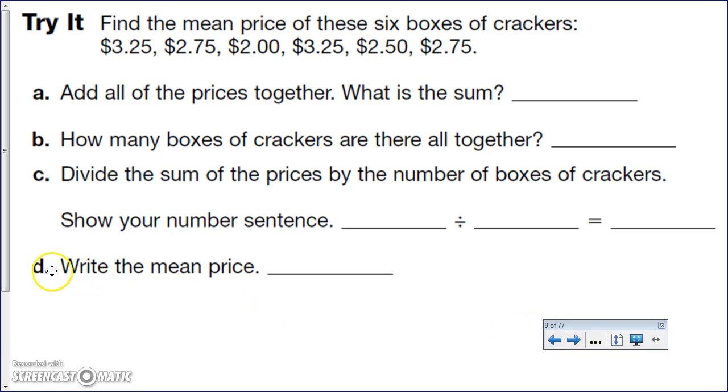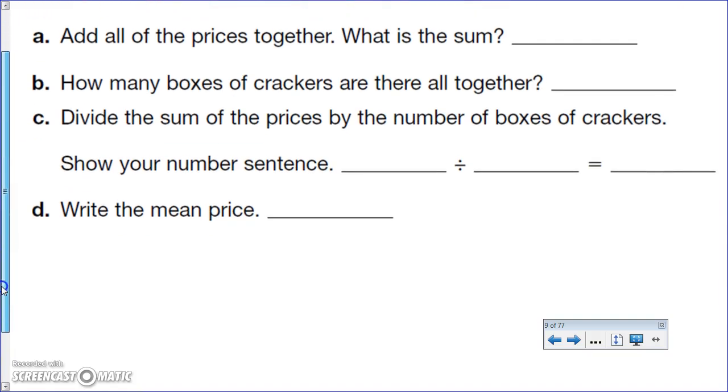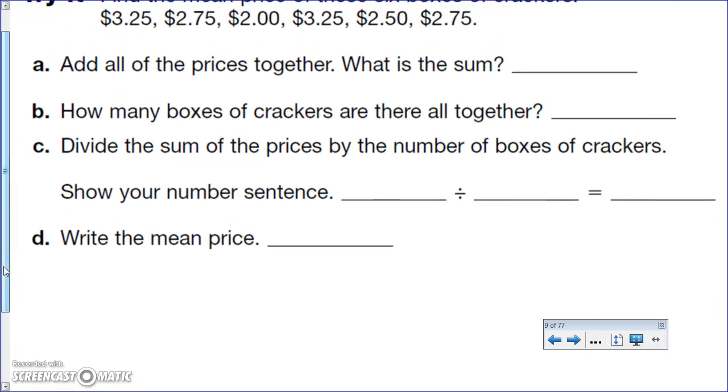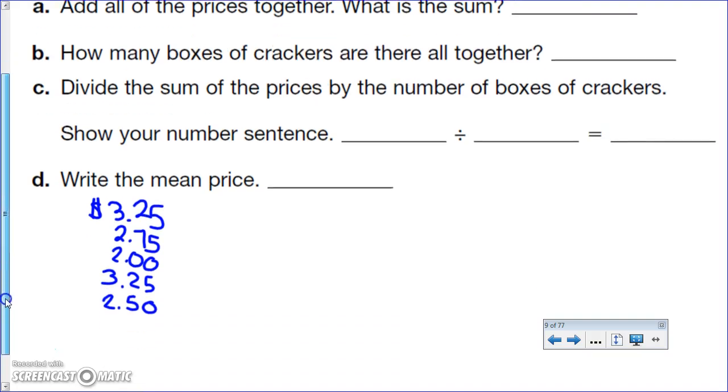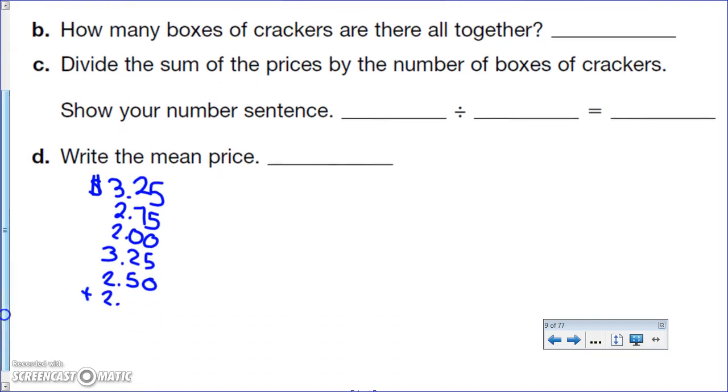So the first thing we're going to do is add all of the prices together. So once we have all 6 prices listed, now we need to do the addition.